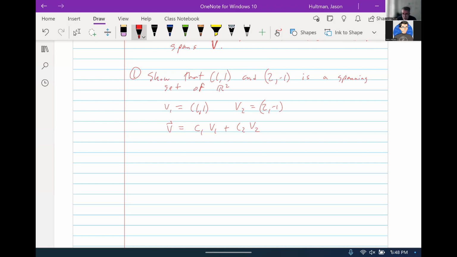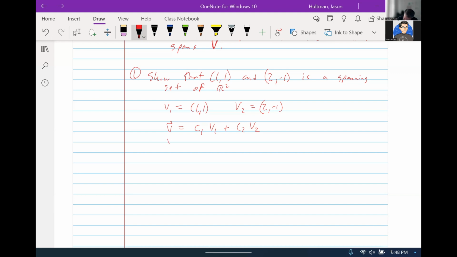Can I use these two vectors to be generators for any two-component vector? Let's see what we got.